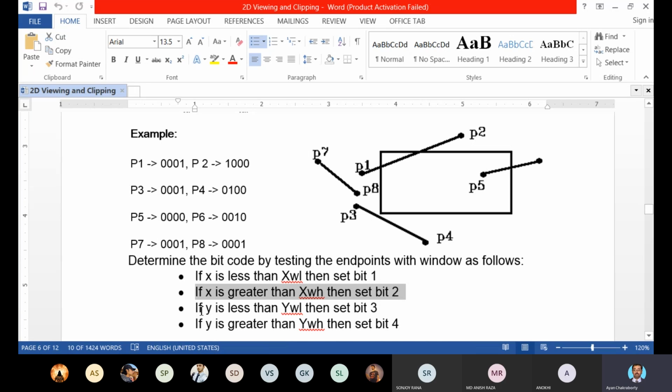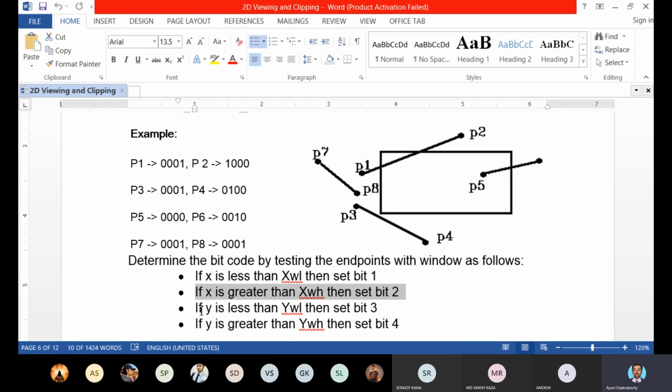Now the third point: if Y is less than YWL, then set third bit as 1. What does it mean? Below the origin, absolutely.